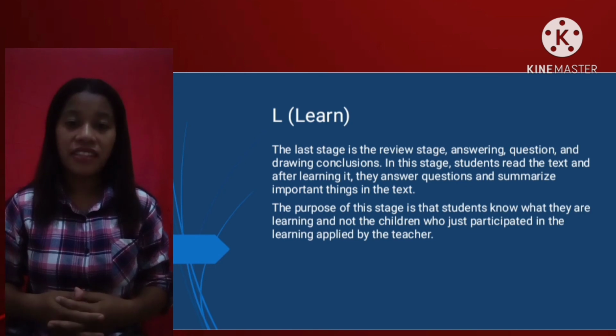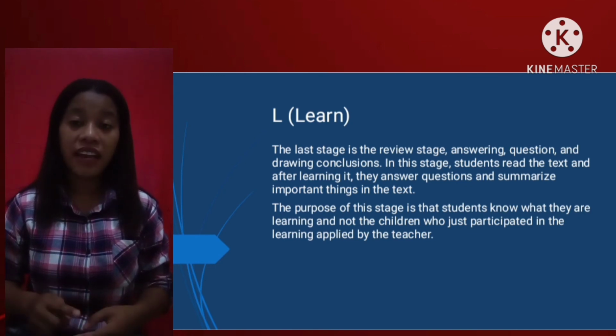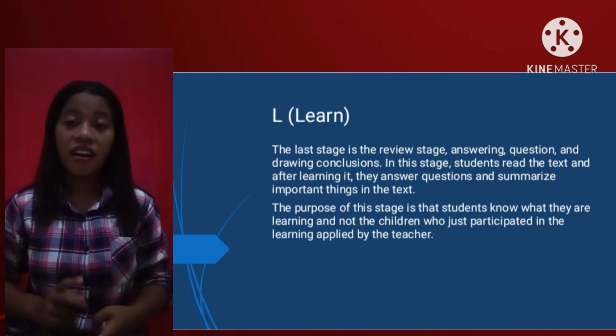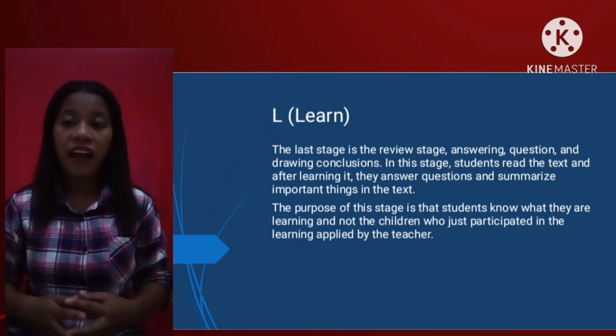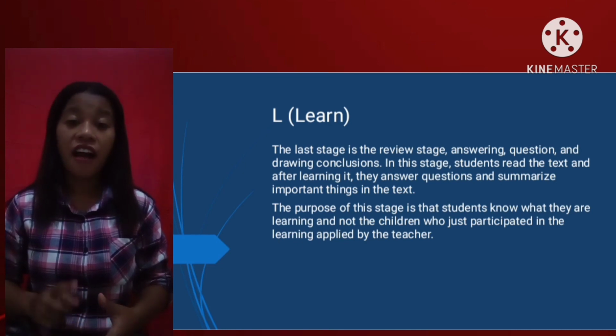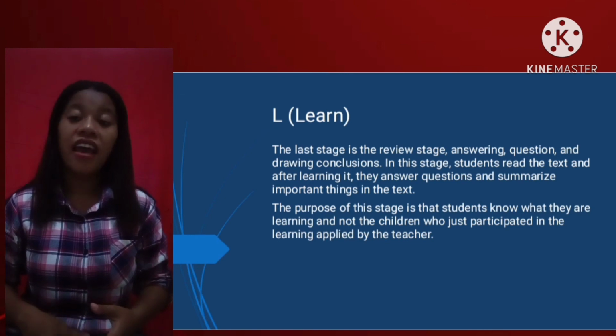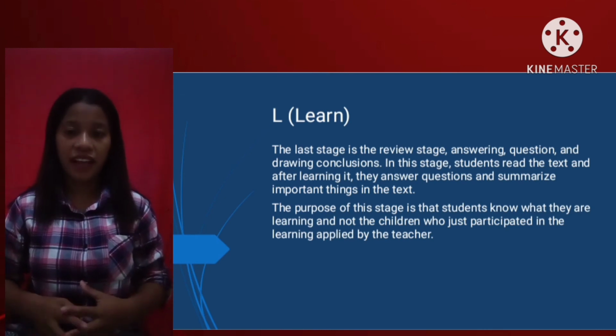The last stage is the review stage, answering questions and drawing conclusions. In this stage, students read the text and after learning it, they answer questions and summarize important things in the text.